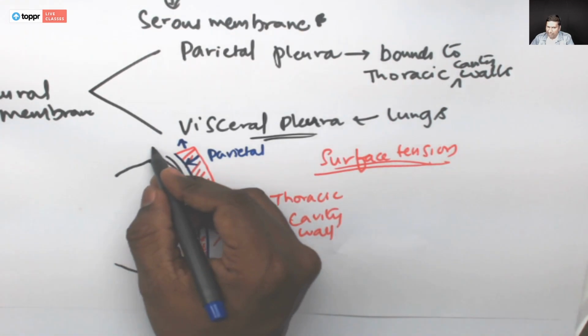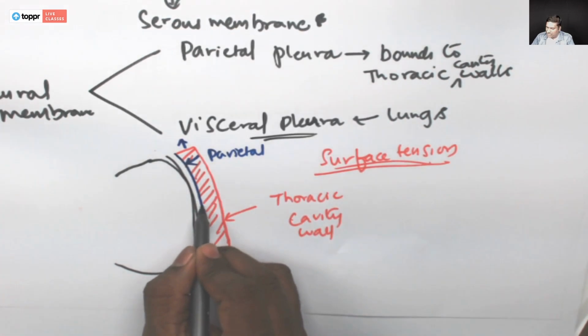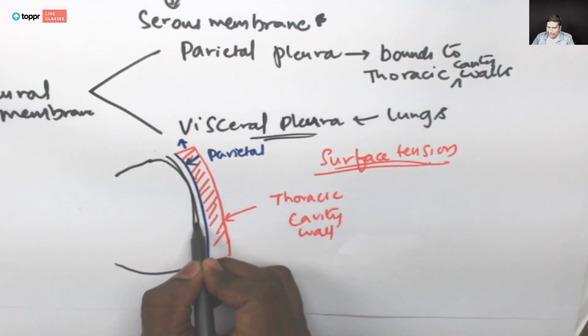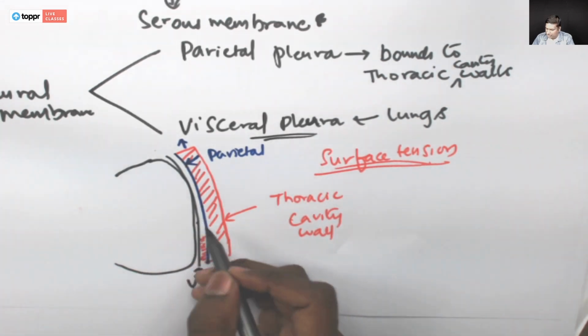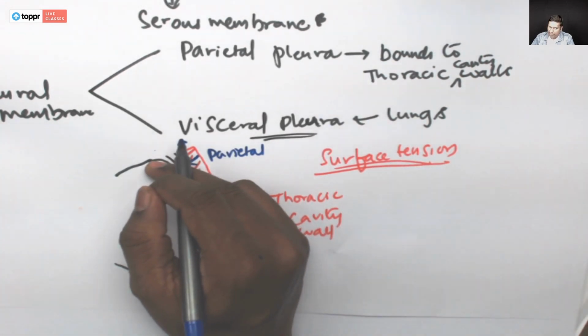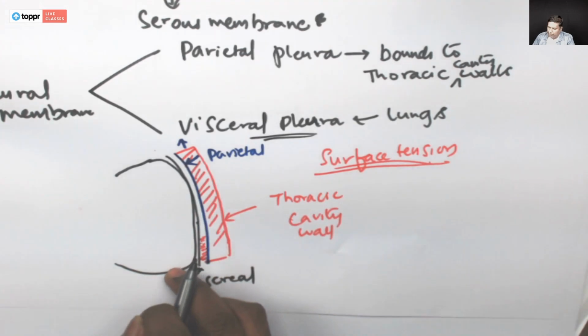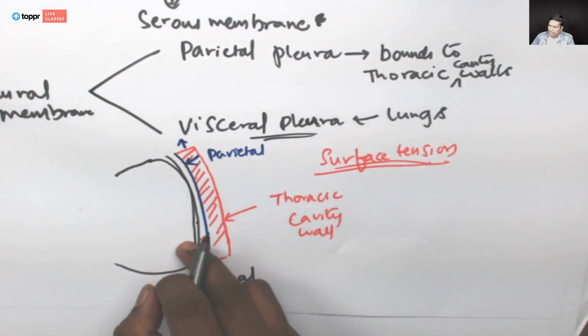So the visceral pleura will also move up. Since the visceral pleura is connected to the parietal pleura because of the surface tension, the parietal pleura will also move up. And since the parietal pleura is connected to the lungs, the lungs will also move up.